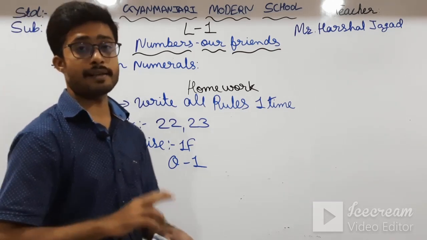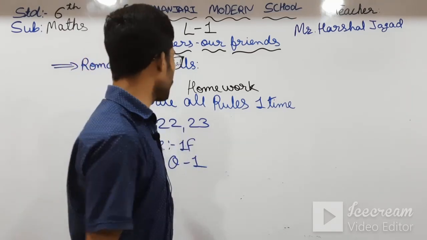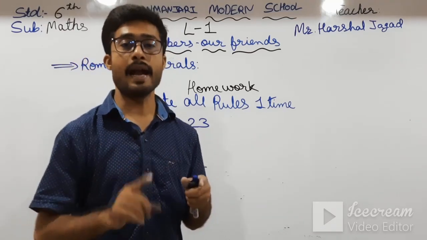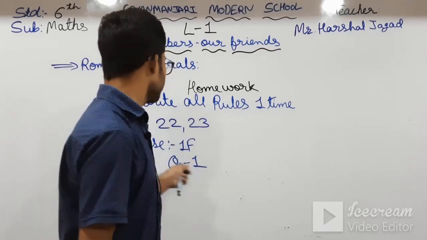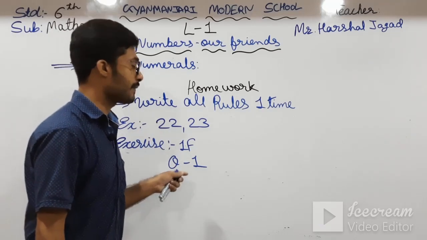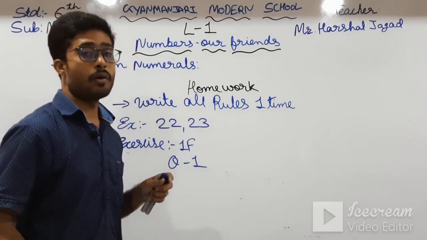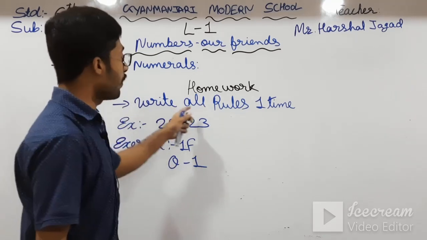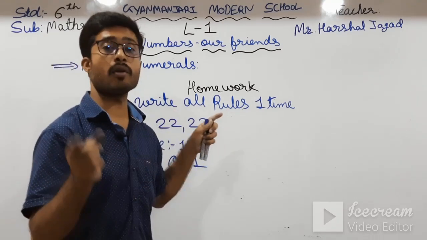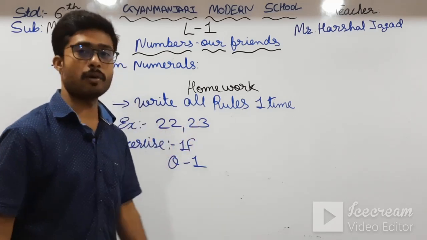And the example book, you have to make 2 books. First the example book, in which you have to write all the examples, and the other book, that is the fair book, in which you have to write all the exercise questions. If there is any doubt, put space in your fair book. Okay students, and write all the rules in your homework book. So this is your today's homework.